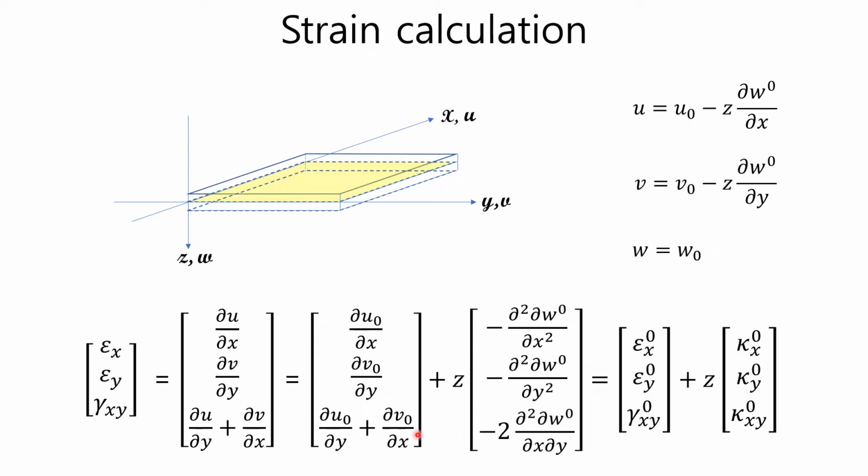We can get the full derivative expression here. Introducing the symbols for curvature, kappa x, kappa y, and kappa xy, we can express the equation in a simple form shown here.